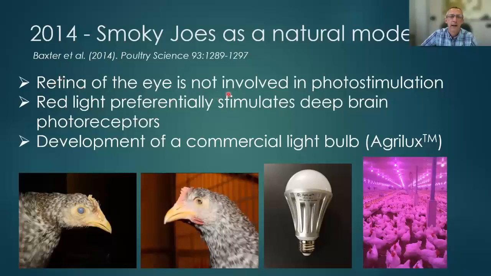Using that strain of bird, that's also where we figured out that the photoperiodic response has nothing to do with the eye and is located in those deep brain photoreceptors in the medial basal hypothalamus. As Clara talked about this morning, we're expanding here to the turkey breeders, but the fact is red light is more efficient at penetrating the skull and the brain, and hence stimulates those deep brain photoreceptors.